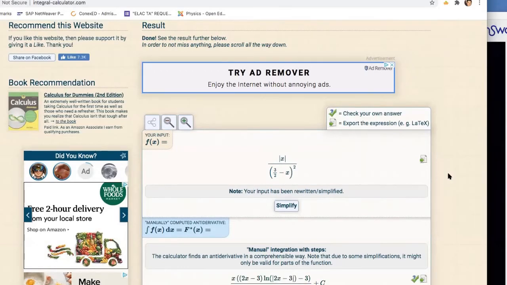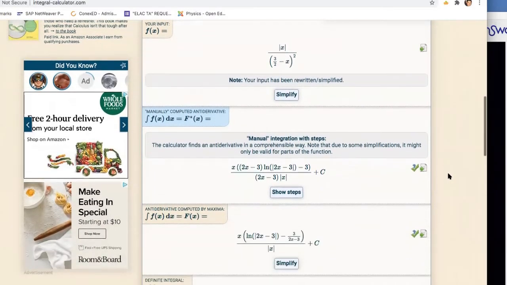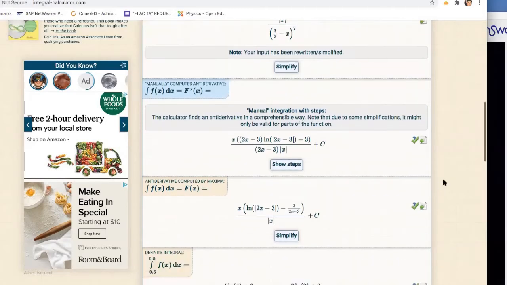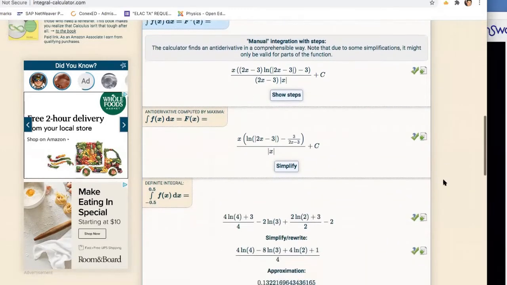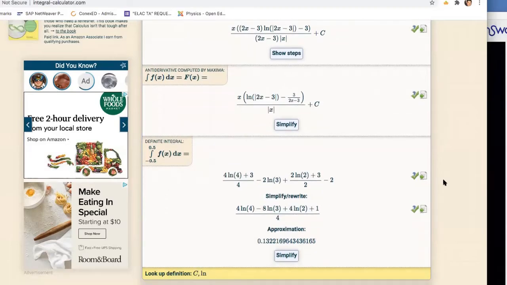If they show the steps, they should do this in 2 integrals, right? First go from negative 0.5 to 0, and then 0 to 0.5. Okay, so then, oh, nice, he did it.